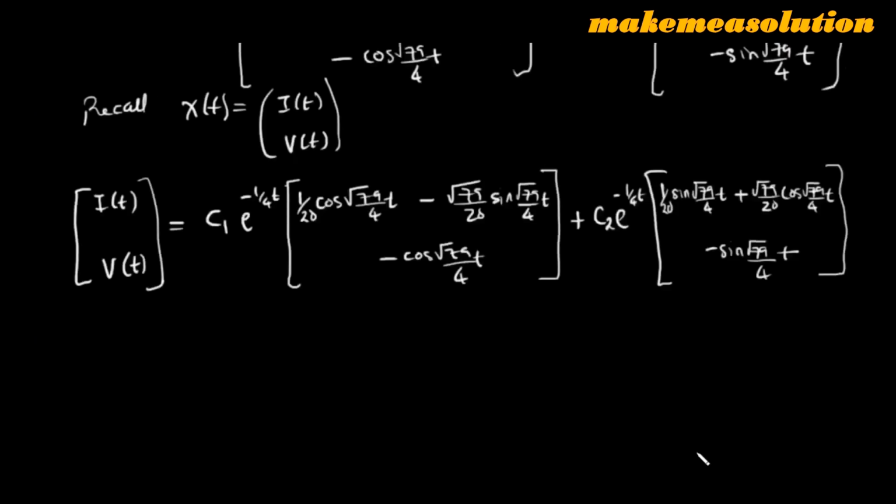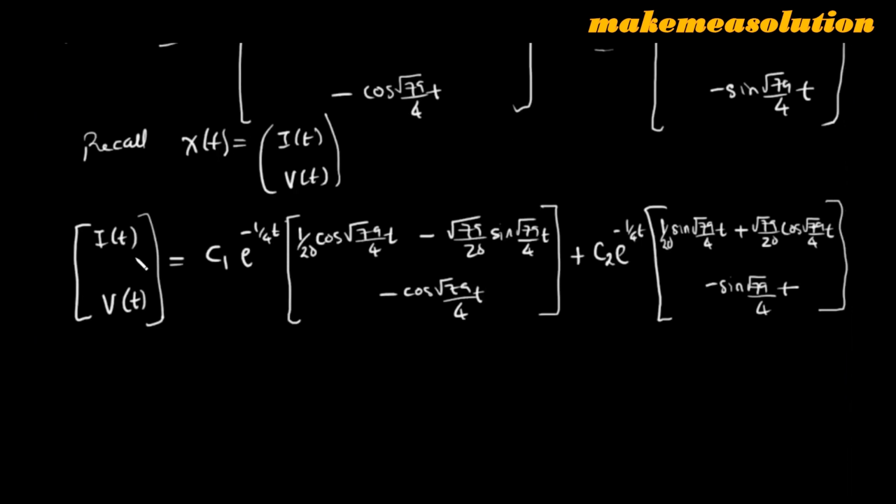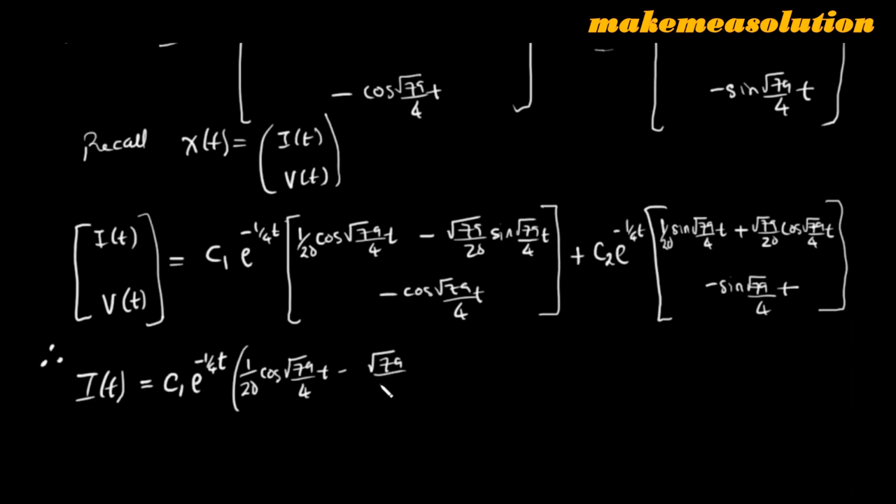So you can now see that since you have this arrangement, it becomes easy to conclude that i of t will be everything on the first row, and v of t will be everything on the second row. So i of t is c1 exponential minus 1 over 4t, and into 1 over 20 cos root 79 over 4t, then minus root 79 over 20 sine root 79 over 4t, like this.